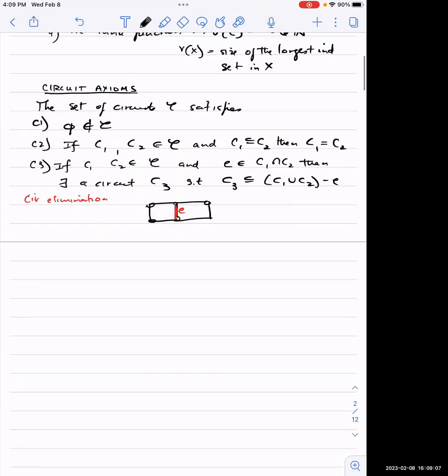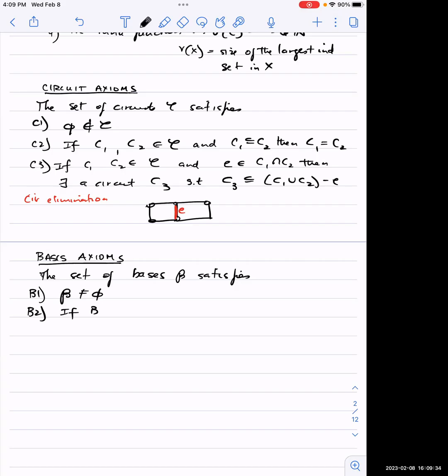Okay. And after that, we did the basis axioms and the rank axioms, and we're almost done with our review then. So here are the basis axioms. The set of bases satisfies: B is non-empty, essentially one axiom, that's the trivial axiom.